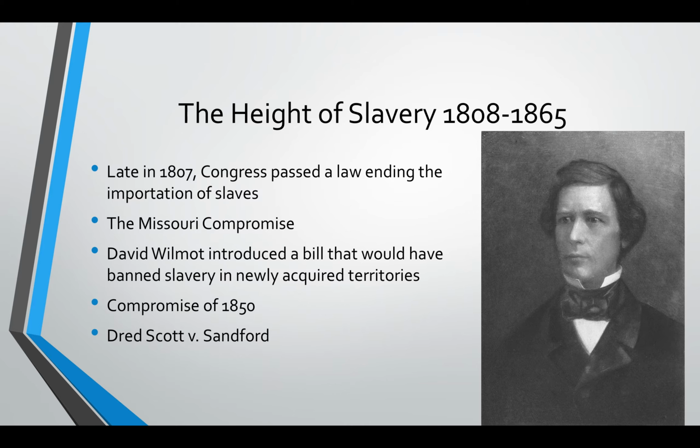In 1850, the South agreed to admit California, losing its ability to block legislation in the Senate. However, they did so under the condition that the fugitive slave law, compelling Northerners to honor Southerners' property claims to slaves, be adopted. In Dred Scott v. Sanford, the Supreme Court ruled that the federal government could not prevent slavery in the territories.